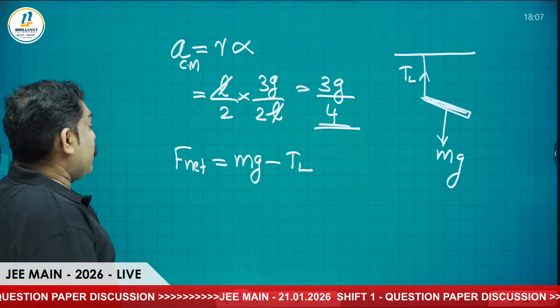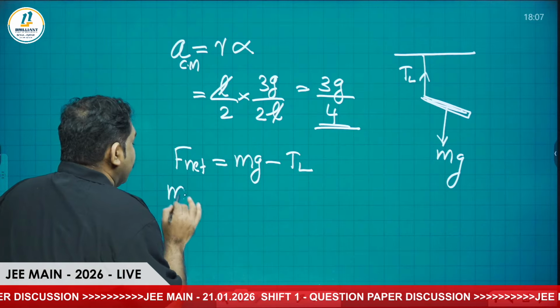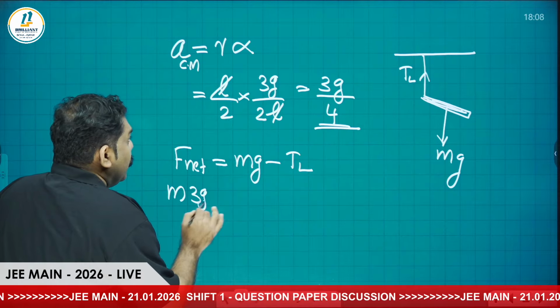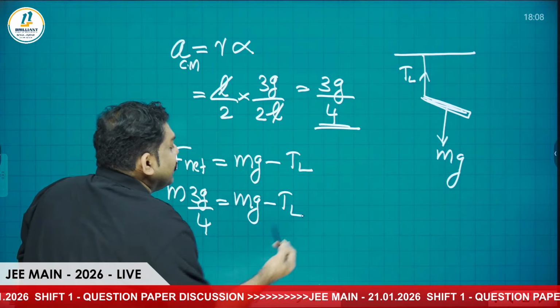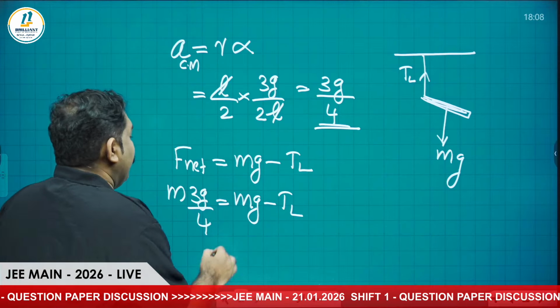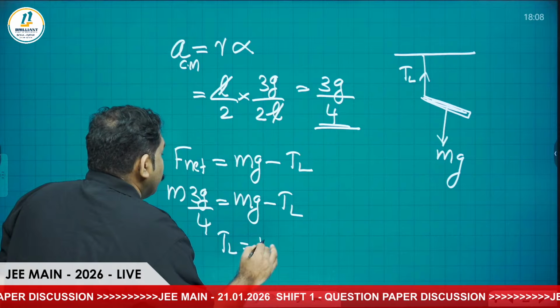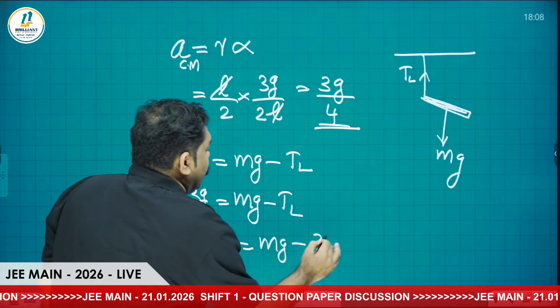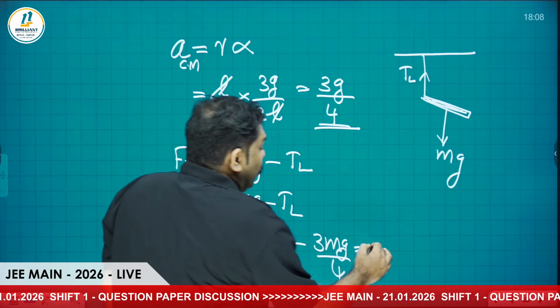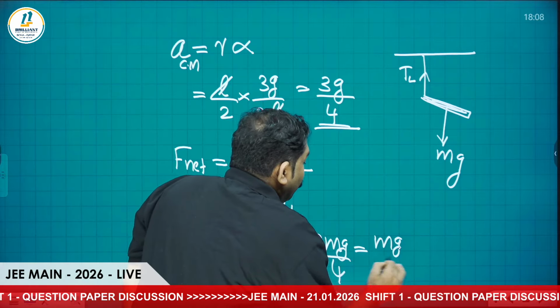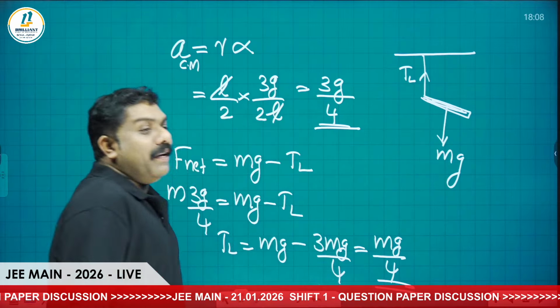And what is the net force? Net force is mass into acceleration. So m into 3g by 4 is equal to mg minus TL. Now we can calculate TL. TL is mg minus 3mg by 4, that is 4mg minus 3mg over 4, so TL is mg by 4.